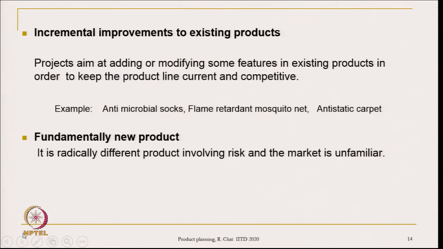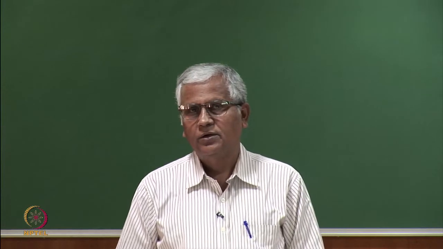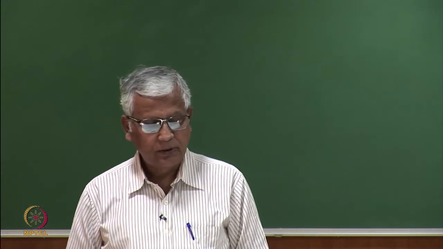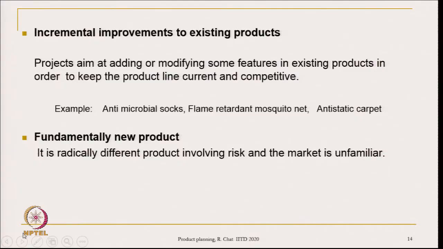The other type of product development projects could be incremental improvement to the existing products. Most of the time that is what we do, that is, we already have some designs with us, some products. Every organization is making some products. A spinning mill is making yarn. So, for the spinning mill, yarn is the product. Suppose there is a weaving unit only manufacturing fabrics, nothing else.